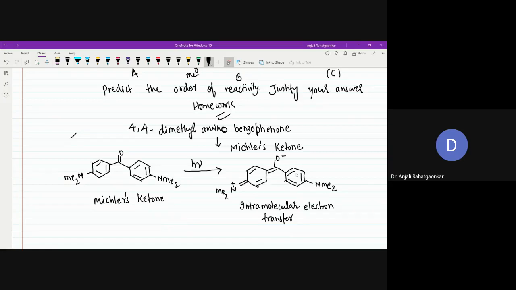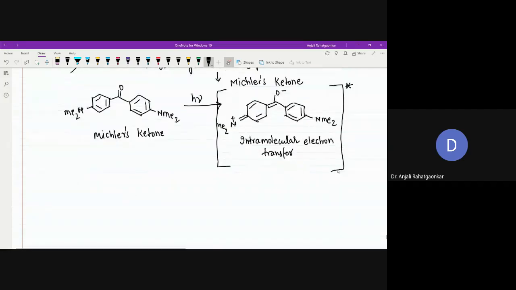Okay, so this is an excited state, no doubt, but instead of forming free radicals, the charge transfer state, this is also called a CT state.